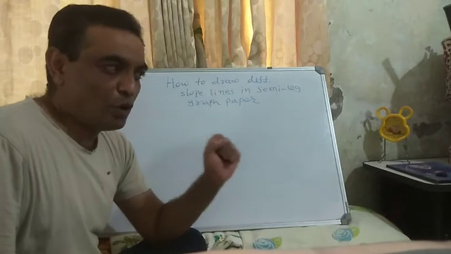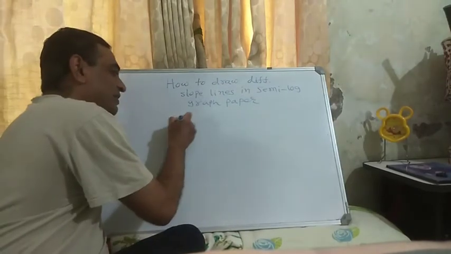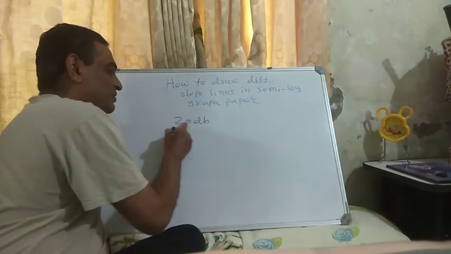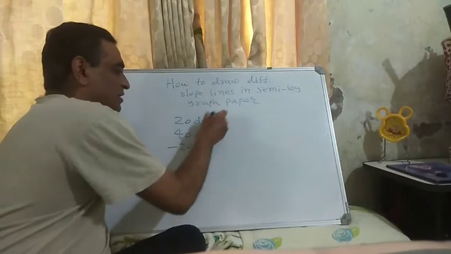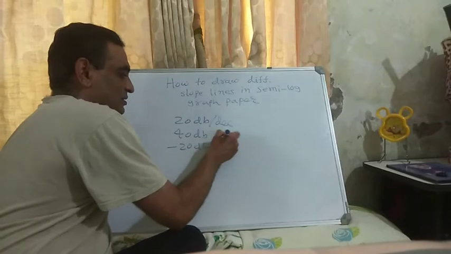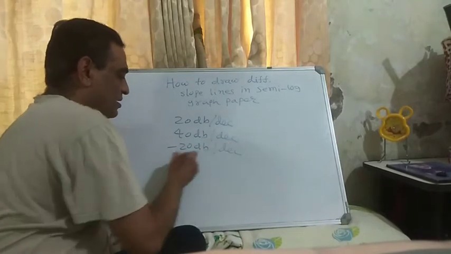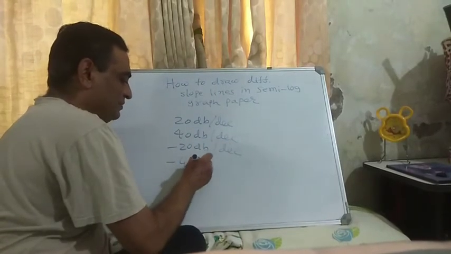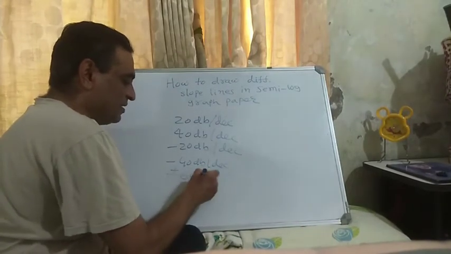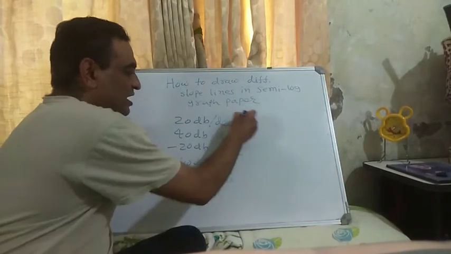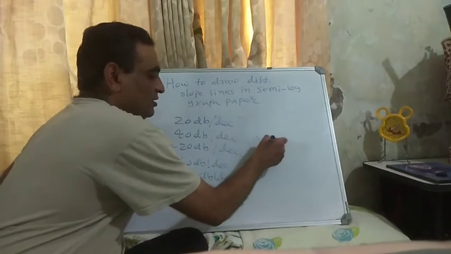The standard slopes are actually plus 20 dB per decade, plus 40 dB per decade, minus 20 dB per decade, minus 40 dB per decade, or plus minus 60 dB per decade. So these are the different standard slopes.